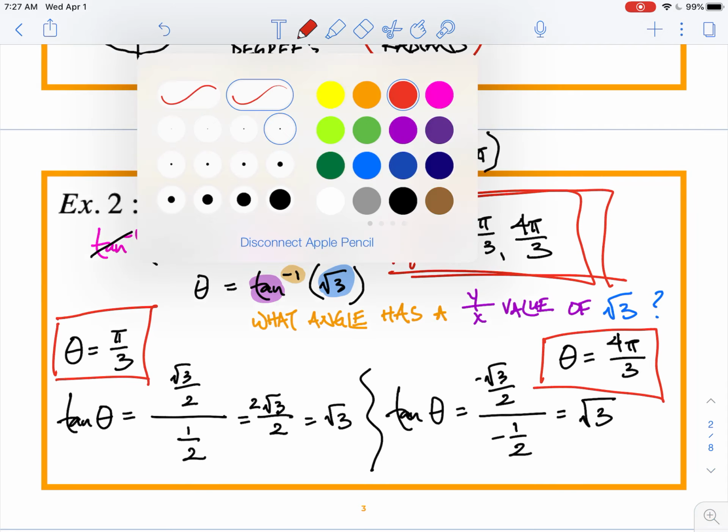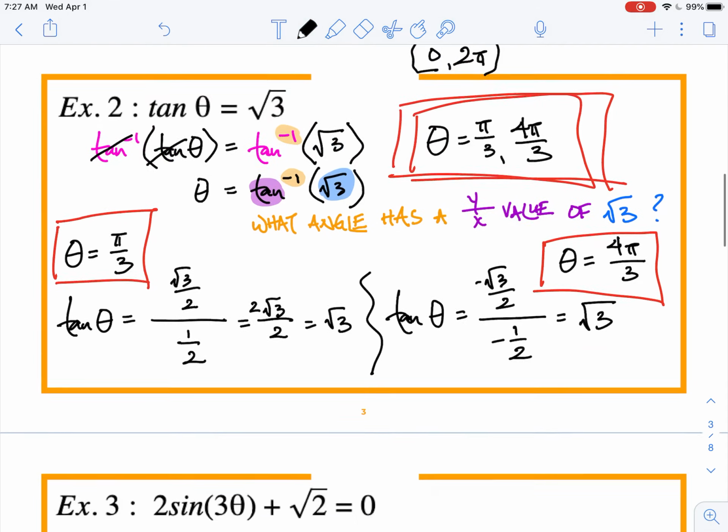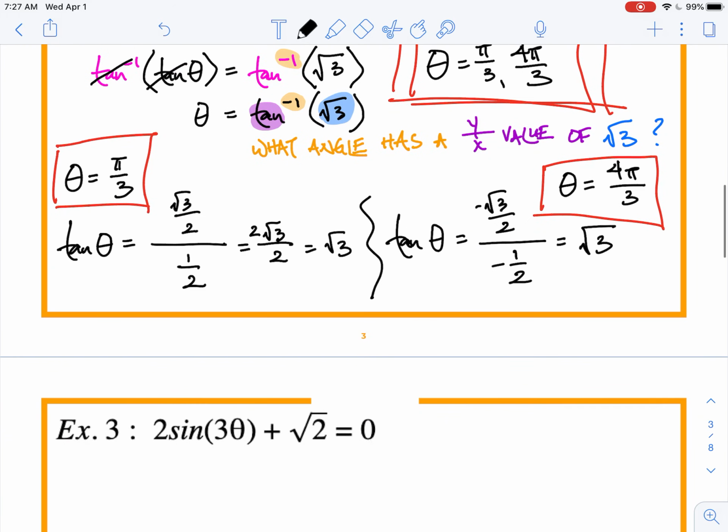Okay, let's go ahead and move on to example number 3. So we're getting a few more terms here. Things are looking a little bit more complicated, but let's just take it step by step. So I'm going to go ahead and try and get sine 3 theta all by itself.